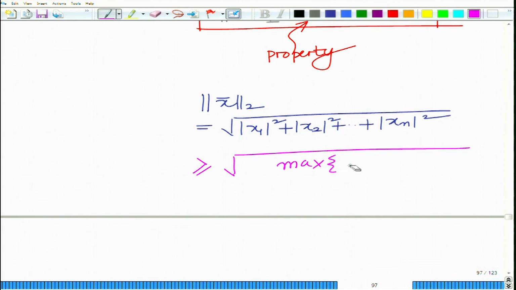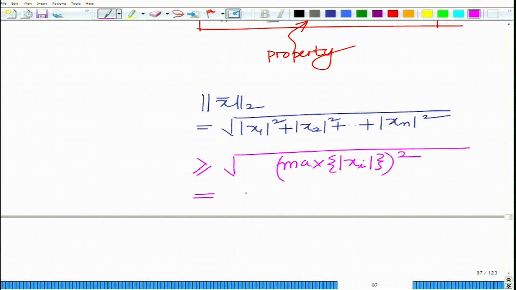Now, this sum of the squares of the magnitudes of all the elements is greater than or equal to the square of simply the maximum of the magnitudes of these elements.